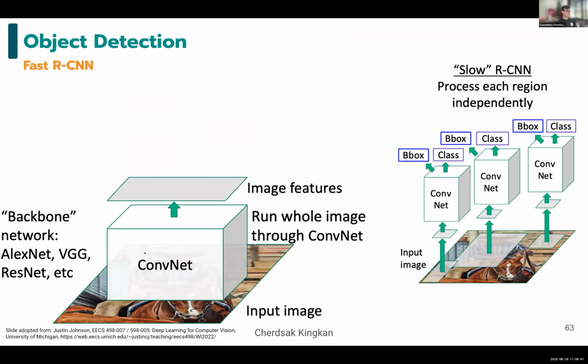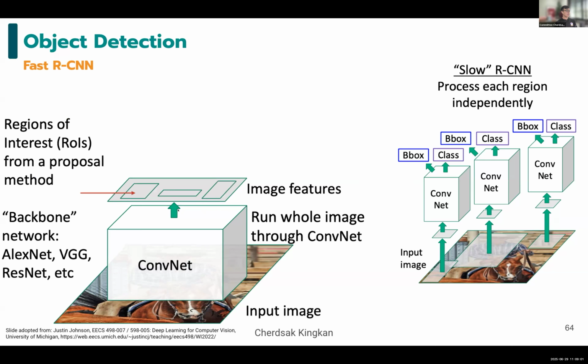This CNN could be, for example, AlexNet, VGG, ResNet, something like that. So we run the whole image through this core network first, and what we end up with are the image features, or the feature maps, right? After that, we run a proposal method on these image features instead of the raw image.